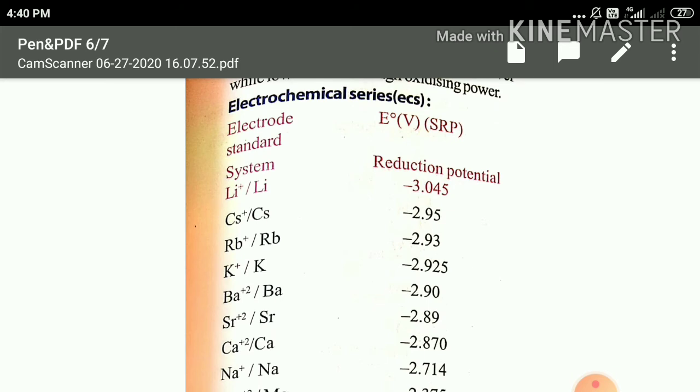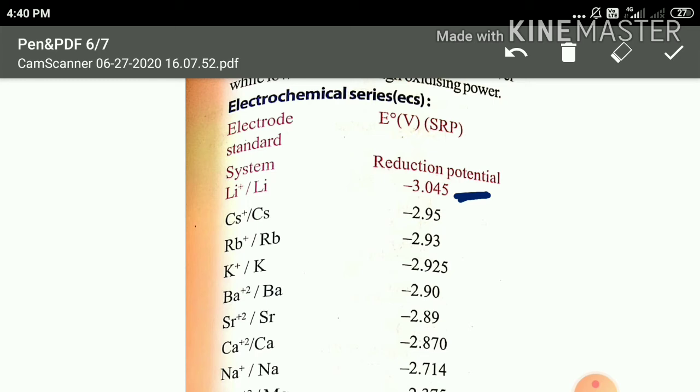Here standard electrodes are there, and standard electrode potentials are there. All the electrode potentials are in reduction potential values. They have arranged them in the increasing order of their standard reduction potential values. For example, if lithium ion is converted into lithium metal, the standard reduction potential value is minus 3.045.